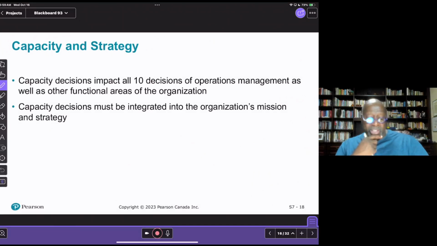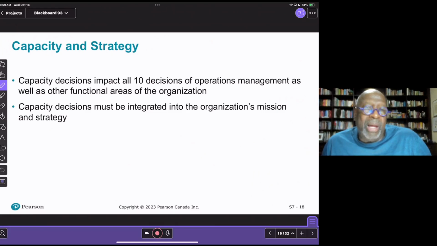So capacity decisions, capacity and strategy, we need to then recognize the fact of the matter is that capacity decisions can affect all the 10 decision areas of operations management as well as the functional areas of the organization. So if you're thinking about quality, your capacity can have an impact on that. If you're thinking about your supply chain management, then your capacity can impact that.